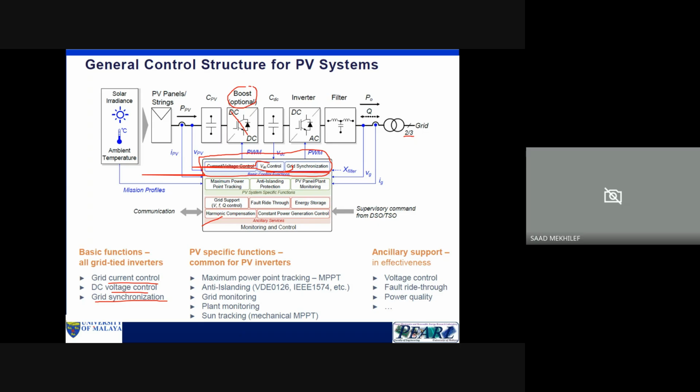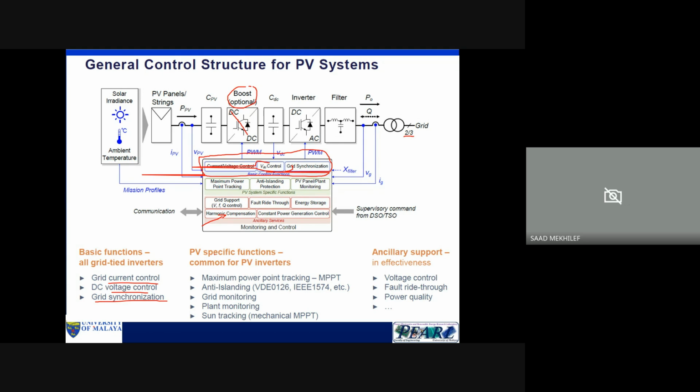Also very important is, for example, harmonic compensation. Because we use inverters with switching, there are a lot of harmonics in the system. It is quite important to make sure that we compensate for these harmonics and don't inject them, because there are grid standards that have to be fulfilled.